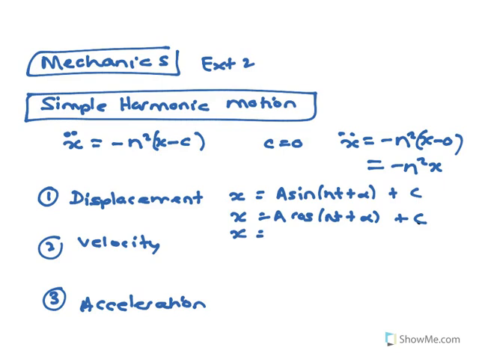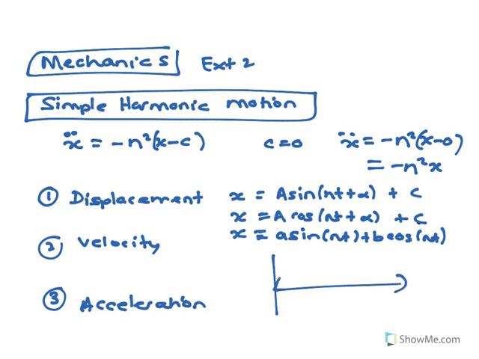You can also have it in a few other forms. Sometimes it's a combination of a sine curve and a cos curve. And when it's like that, it's really handy to know how to put it into the auxiliary angle method so that you can find its amplitude. So all of these graphs model something that oscillates between 2 points.